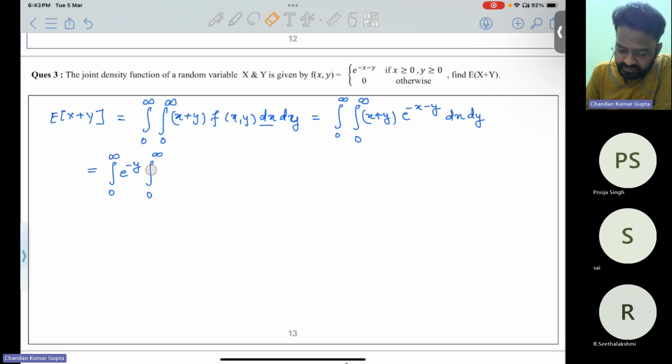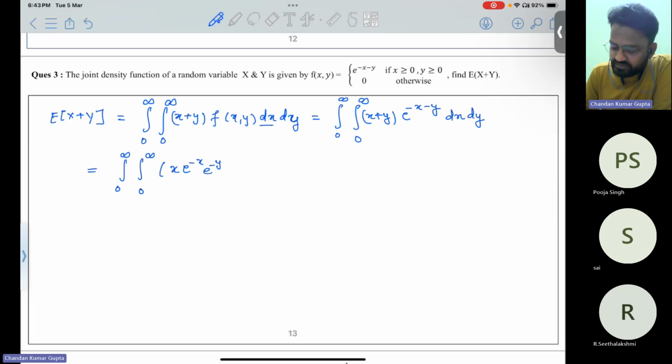Let me write it in a very simple manner: 0 to infinity, 0 to infinity, x e to the power minus x e to the power minus y plus y e to the power minus x e to the power minus y dx dy.